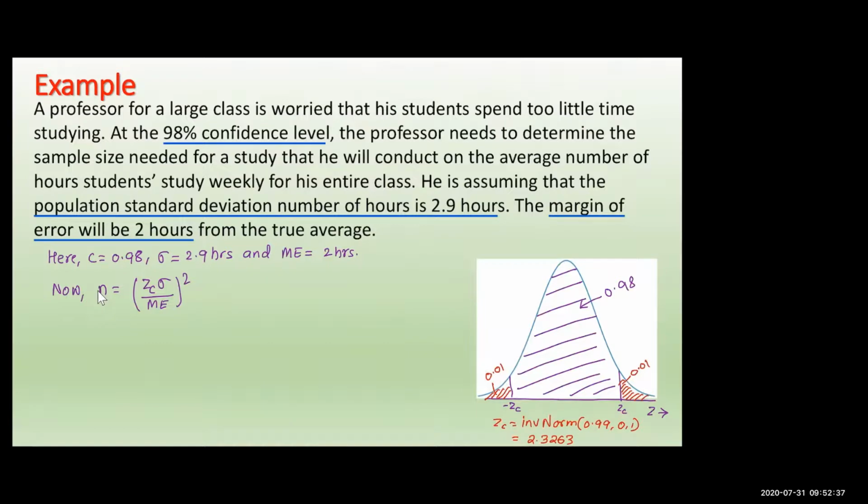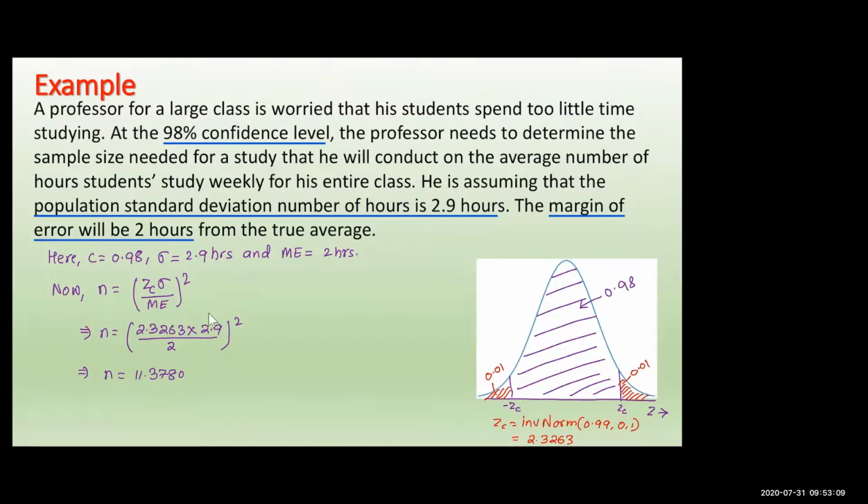Okay, let's plug in. So N is equal to Z sub C, which is 2.3263, multiplied by sigma, 2.9, divided by the margin of error, 2. And then we need to square the result. If we do that, we get N equal to 11.3780 by simplifying this expression using the calculator.